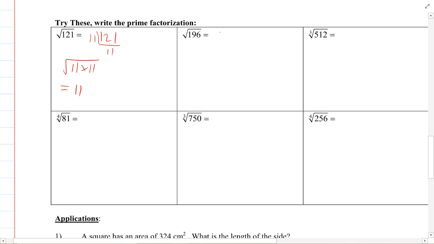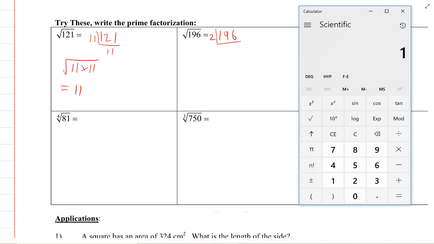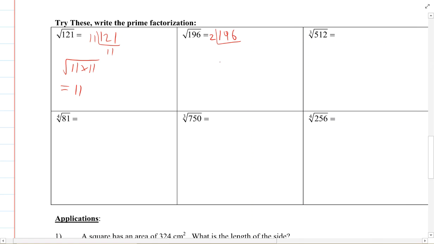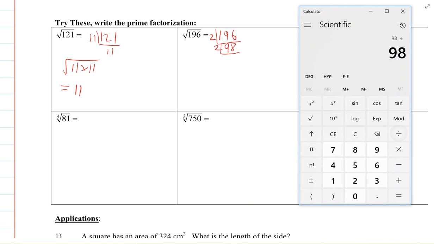196 is a little more real now, so let's do 196 divided by 2. Go for it. Press pause and do it. I'm going to cheat. 98 divided by 2 is 49.